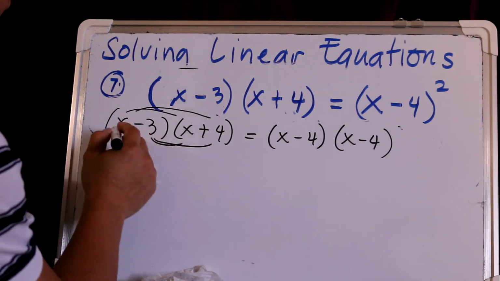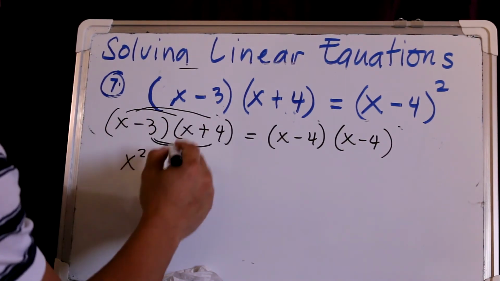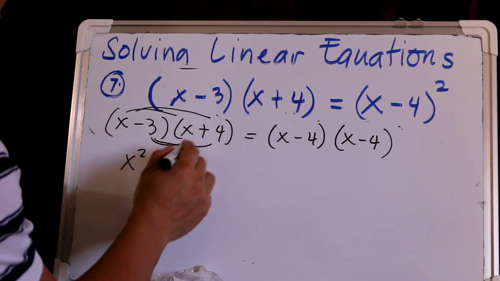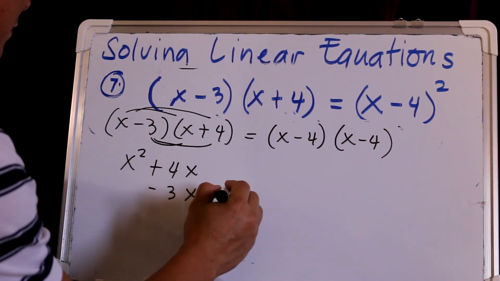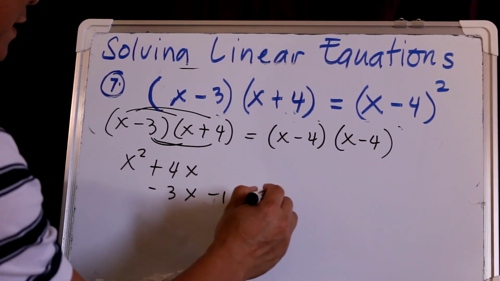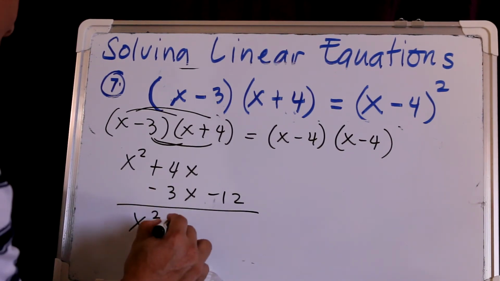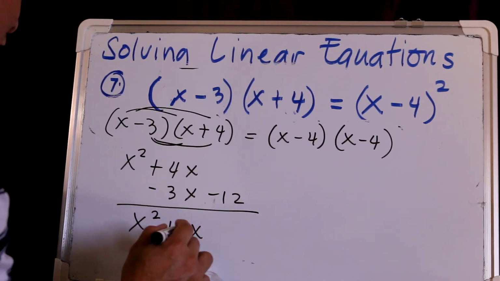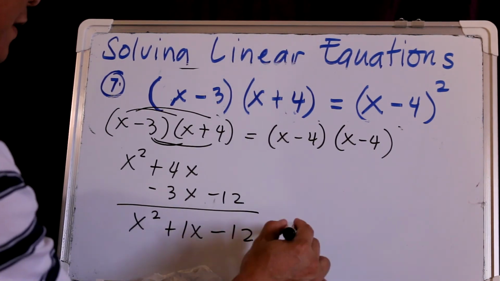So we will have x squared, then that would be plus 4x, then minus 3x, minus 12. Okay, so this is x squared plus 1x, or you may not write 1, minus 12 equal to.